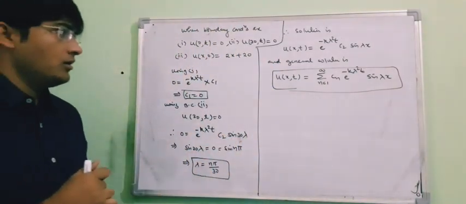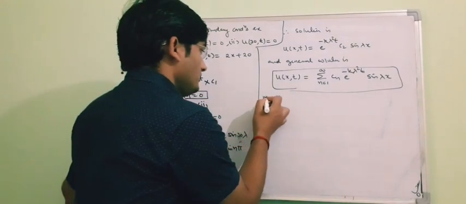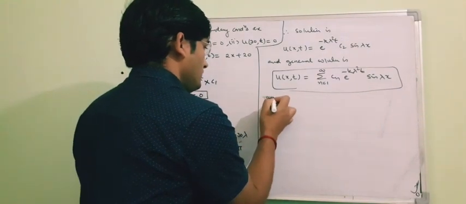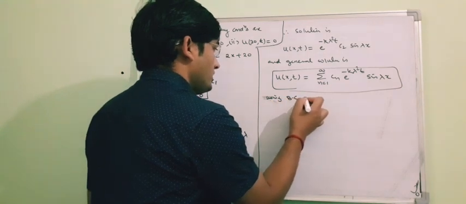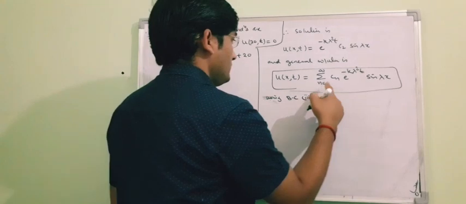Now let us use boundary condition 3 to get the value of Cn.